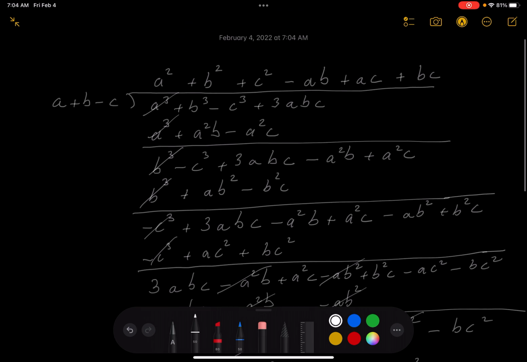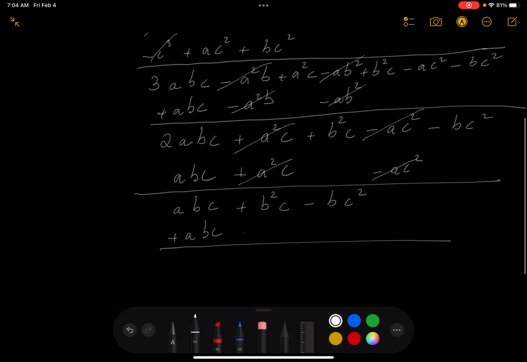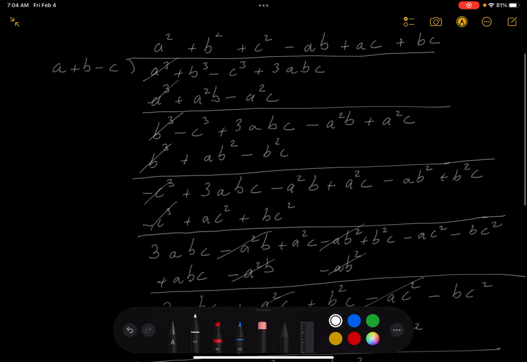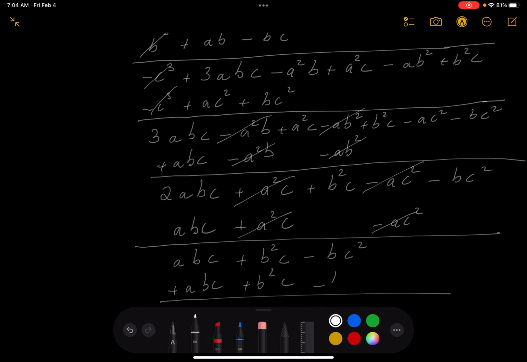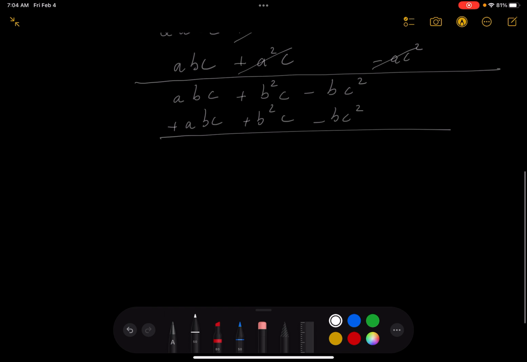Keep moving. And BC times plus B would be B squared C. And let's see, BC times minus C would be minus BC squared. Well, we found our end. And what's our end? 0. We got it. Remainder 0.